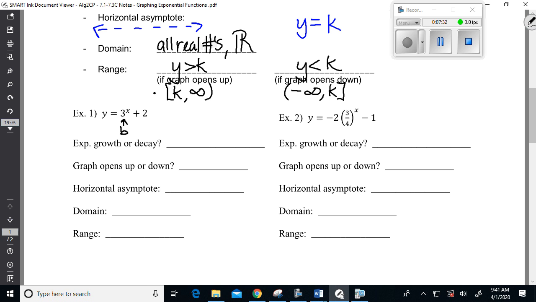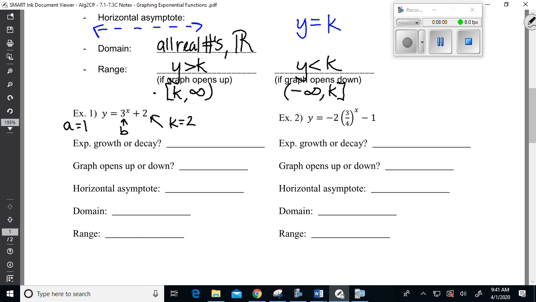For those of you wondering where a is, a would equal 1. If there is no a value, it is understood to be 1, not 0. And the 2 would represent your k value. Now, if there's no k, that's 0.